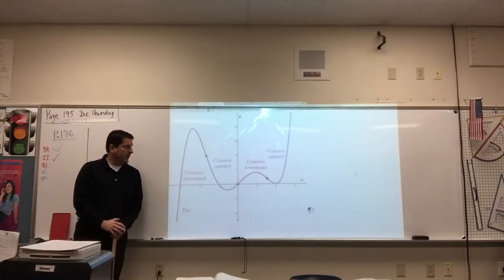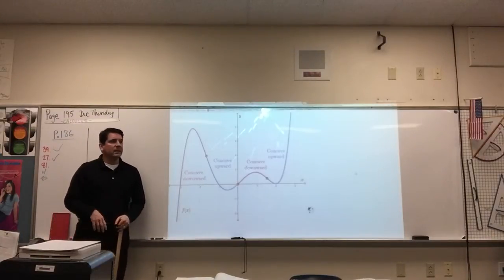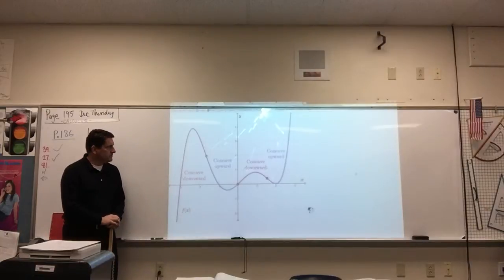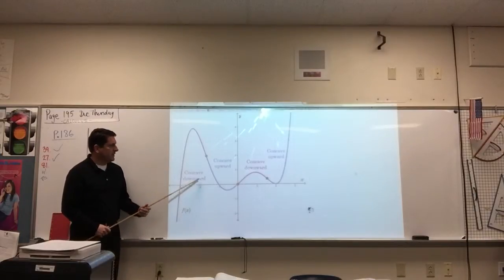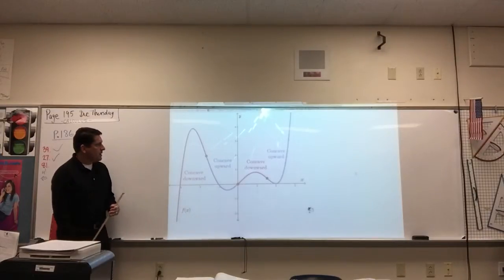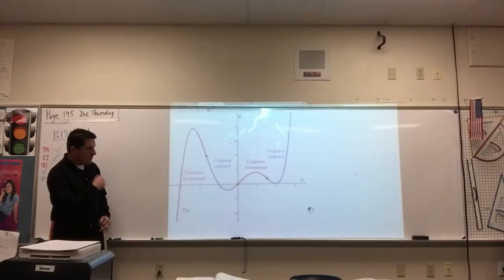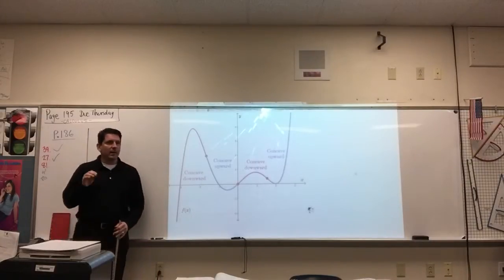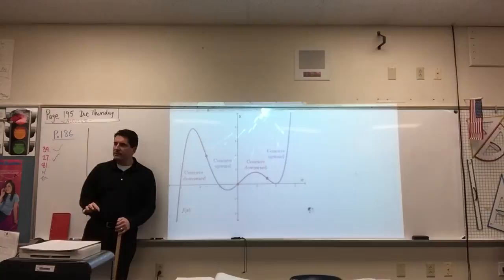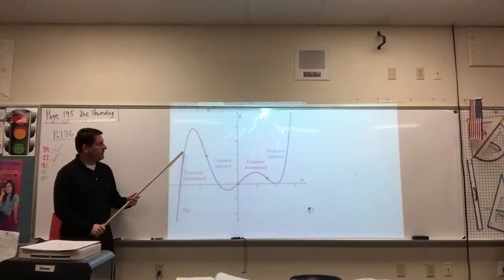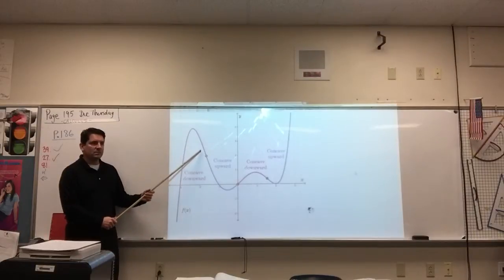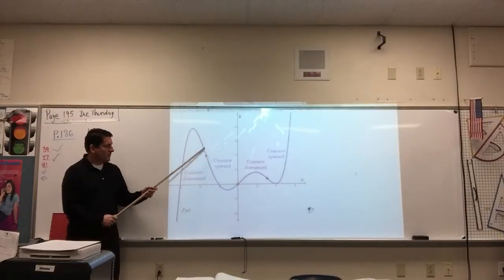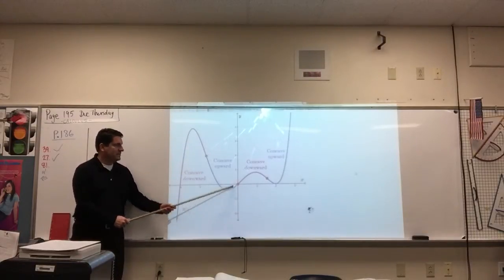So yesterday we learned that you can describe a function by its concavity. We learned these 2 terms, concave up and concave down. We learned a quick visual way to look at it by looking at whether it's facing downward, like an upside down bowl, or facing upwards here.